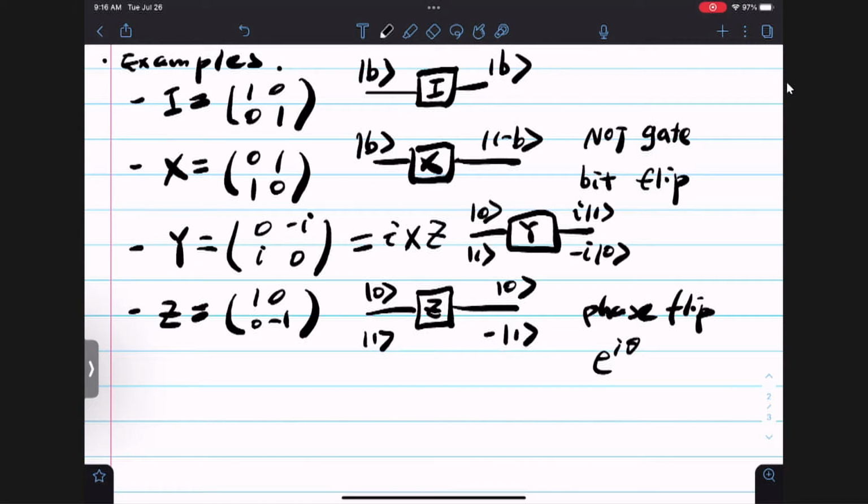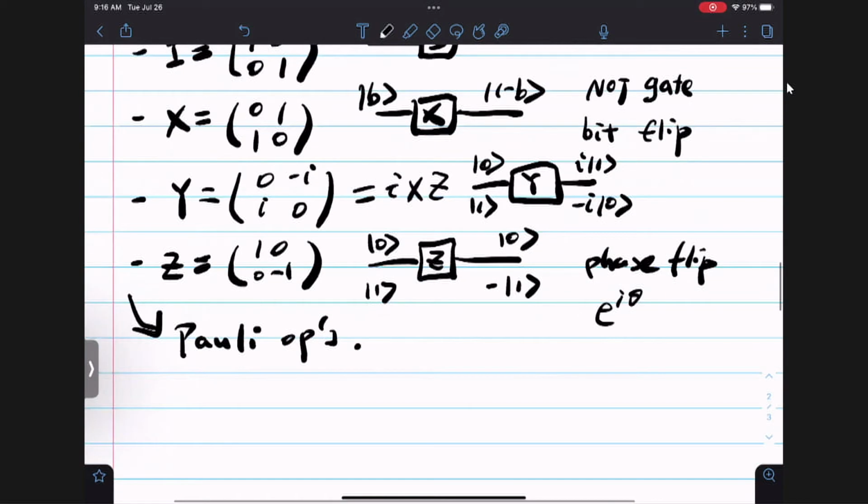So these are the basic operations, the four gates, we call them Pauli gates, on a single qubit. And they're going to be useful in some basic quantum crypto protocols, or in general in quantum information.